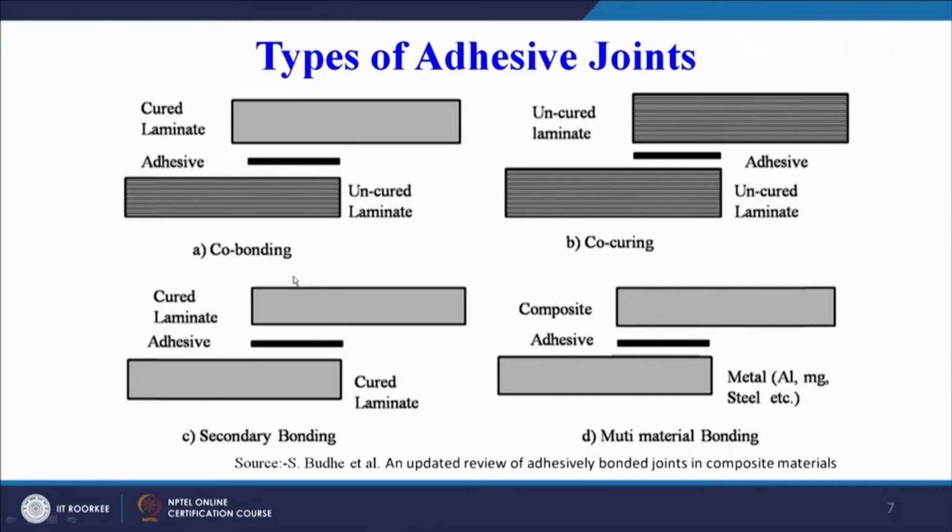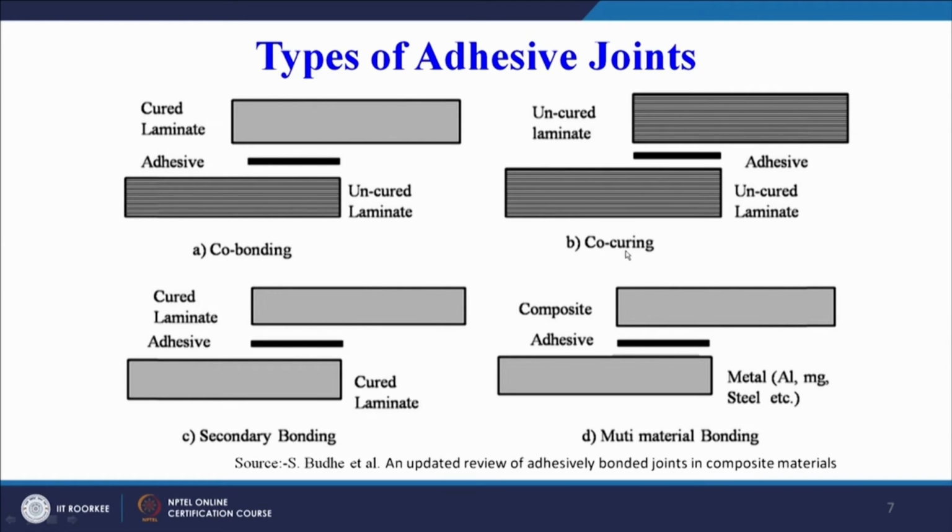So basically, just to revise this slide, we can have co-bonding where one laminate is cured, another laminate is uncured, in between we put the adhesive.